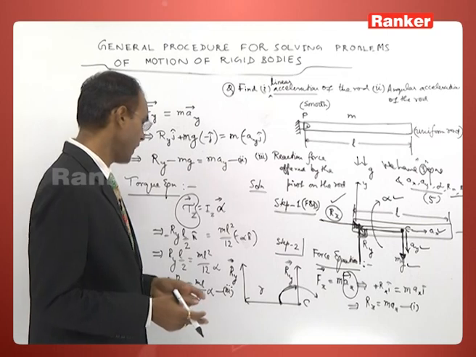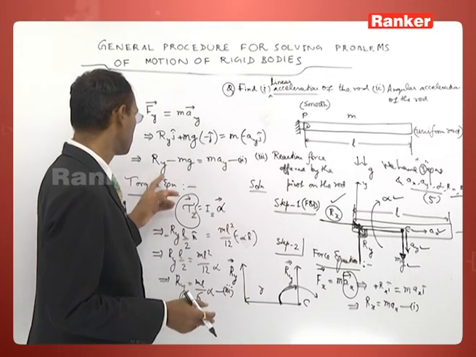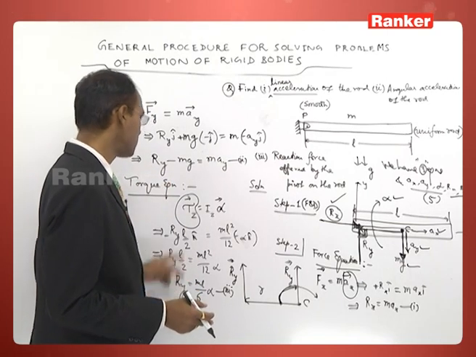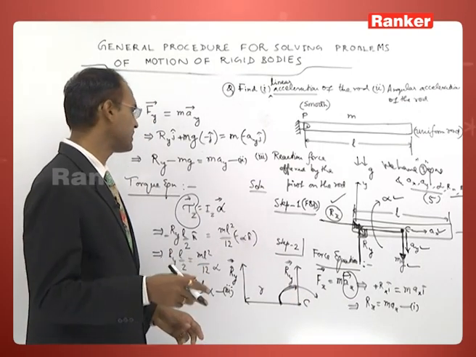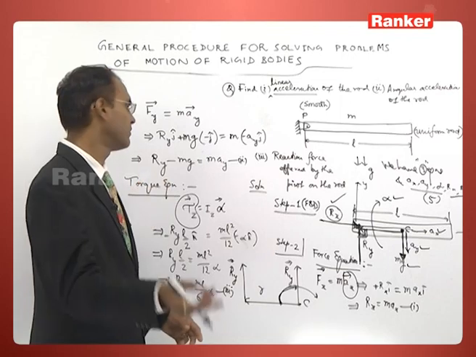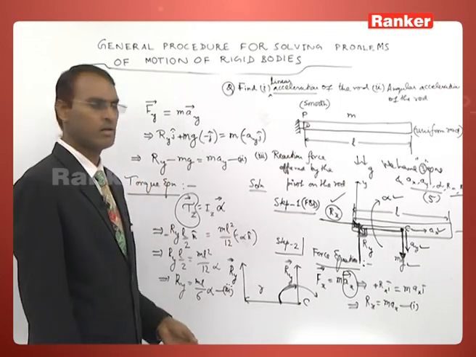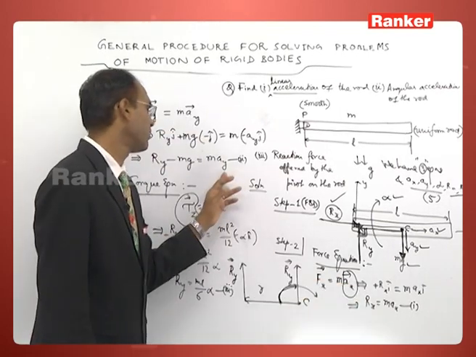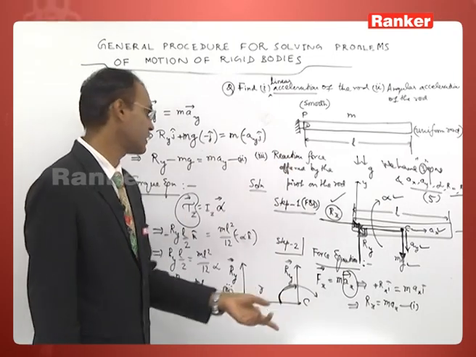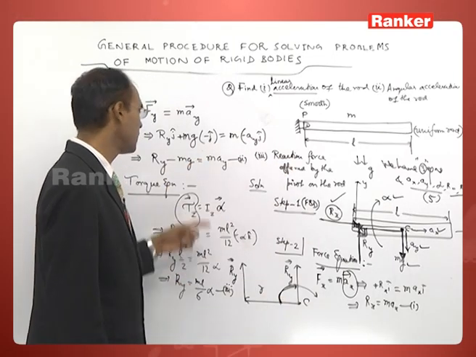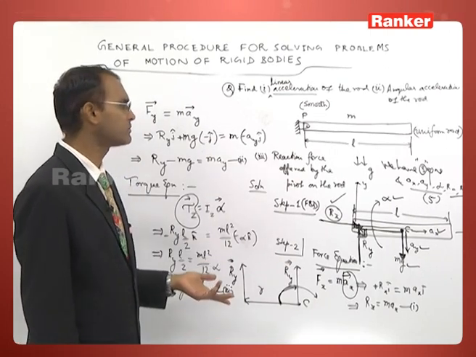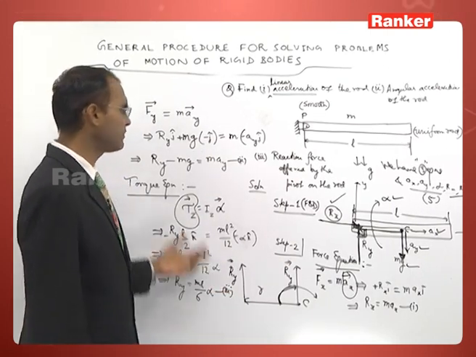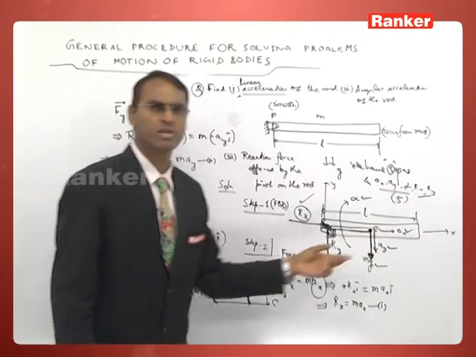What do students do? They just add these 2 equations, or any 2 equations, to get another equation and name it as the 4th equation, and if you add these 2, you will get another equation called the 5th equation. And you may argue that we have got 5 equations and there are 5 unknown quantities, so you can solve.